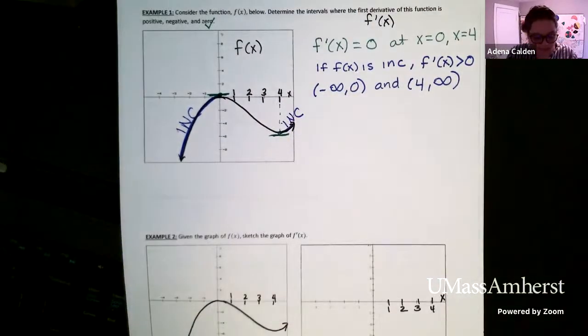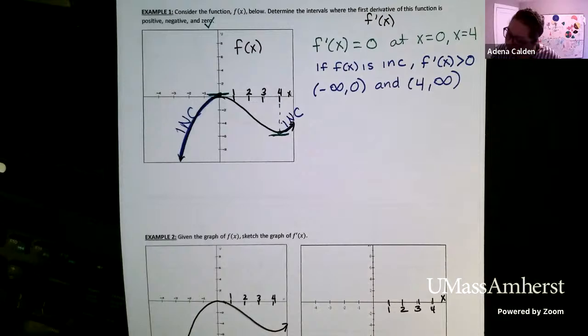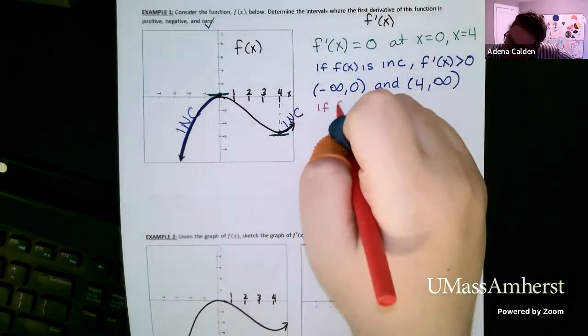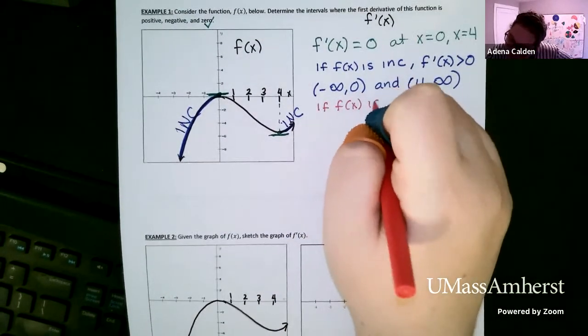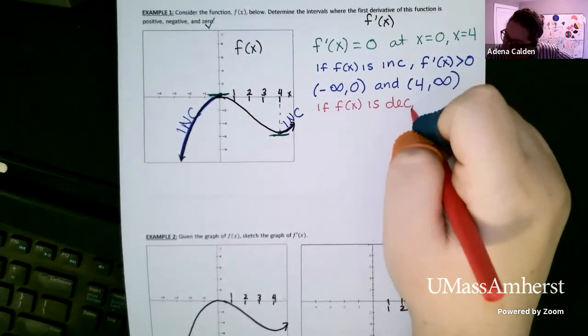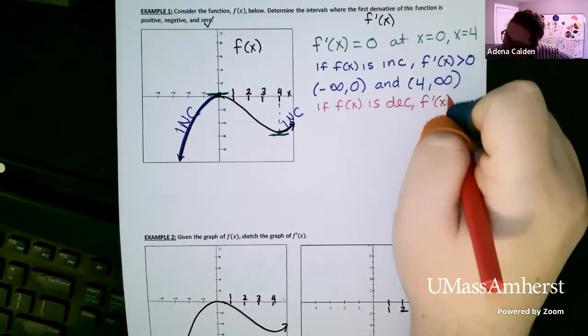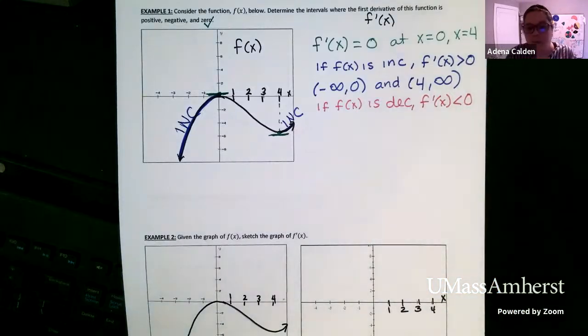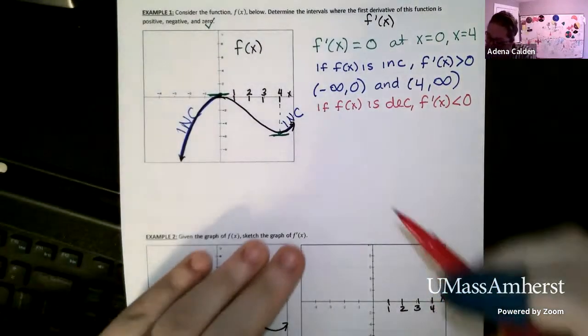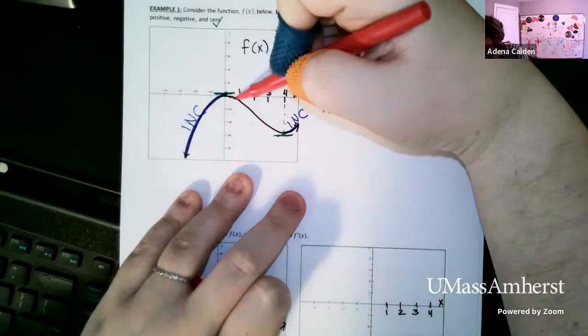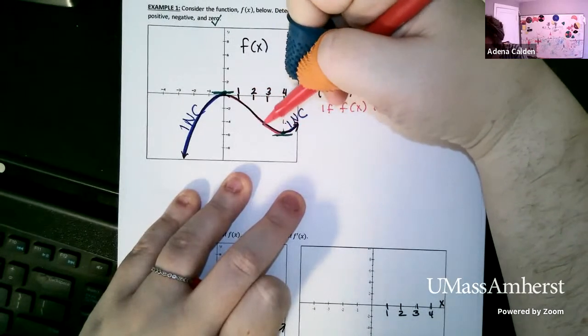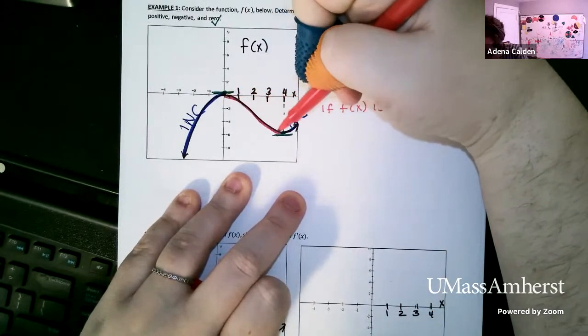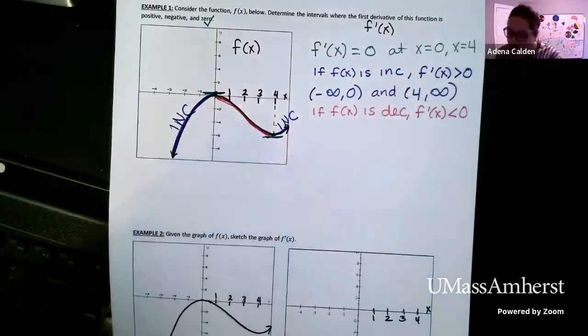And then similarly, if my function is decreasing, that tells me where the derivative is going to be negative. So I look here and I notice that the piece that I have left, which is between 0 and 4, I'm going down from left to right.